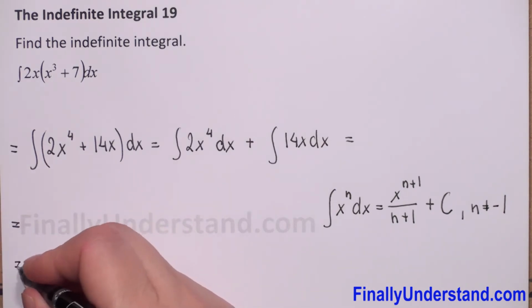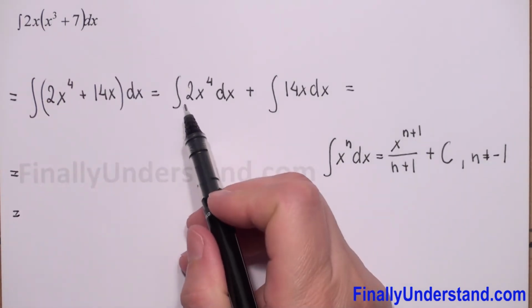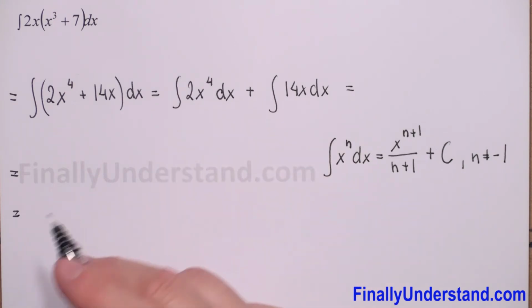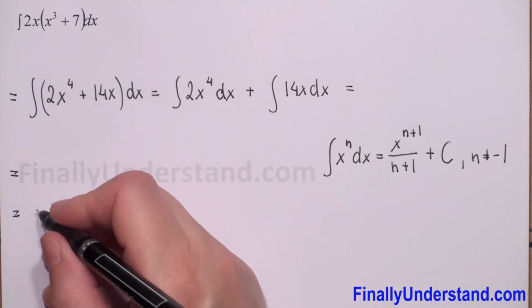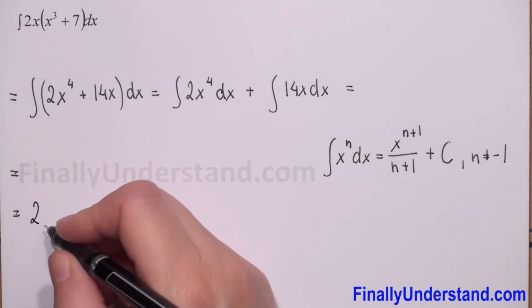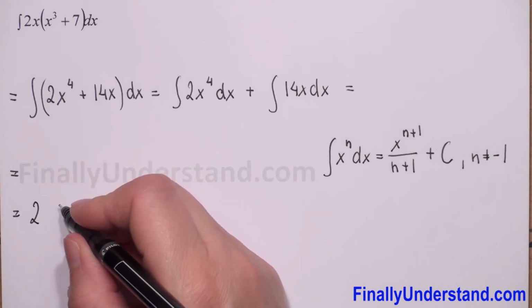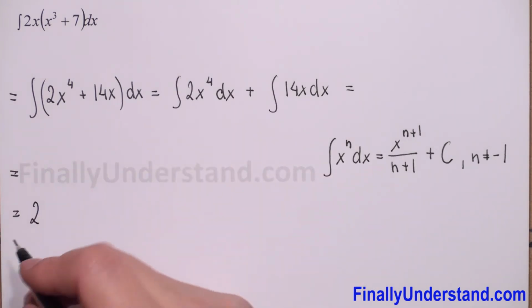We have 2 times x to 4th power. So first we have to copy the constant number. We have 2 and n is equal to 4 in the first integral.